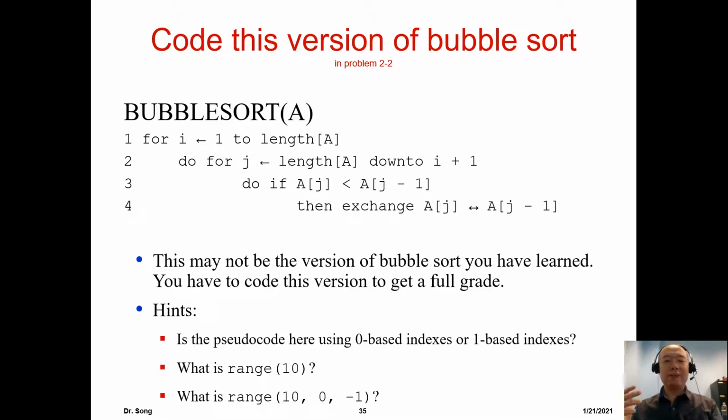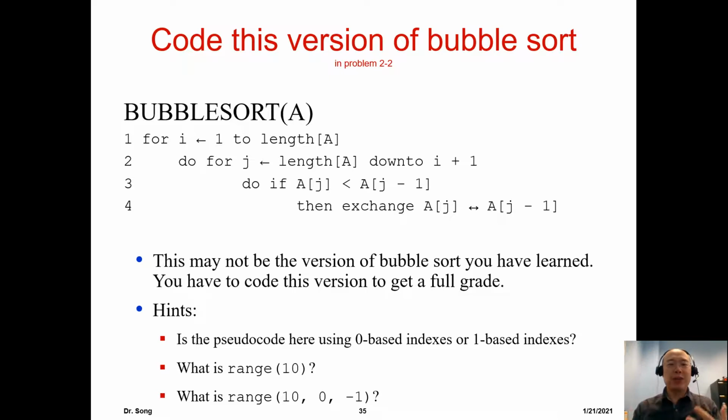This is the version of bubble sort defined in our textbook, and I'm requiring you to implement not just any bubble sort, but the bubble sort of this version. You have to know how to read the pseudocode, and we are going to deal with this kind of pseudocode for the entire semester. So let's start to read the pseudocode in this textbook.